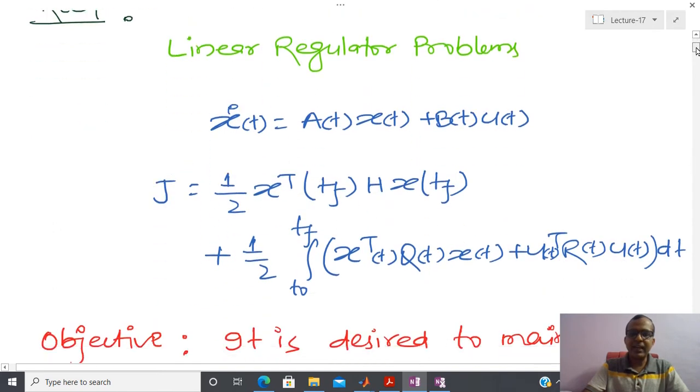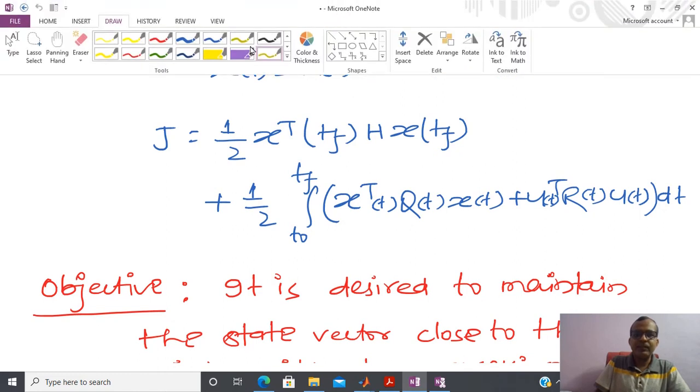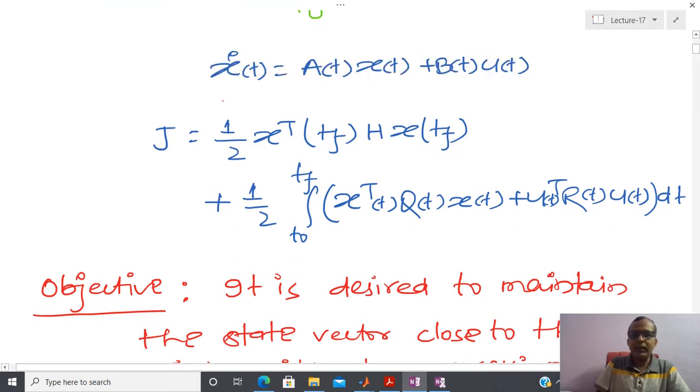In the previous class we took this system, which is a linear time varying system, and we assumed that x(t) belongs to R^n and u(t) belongs to R^m, and we defined the performance measure like this.